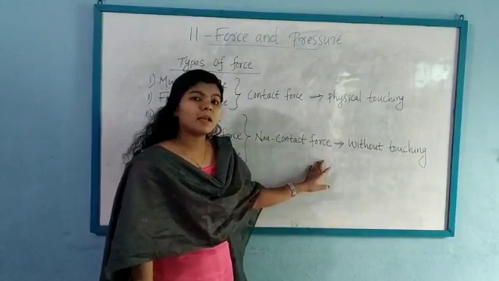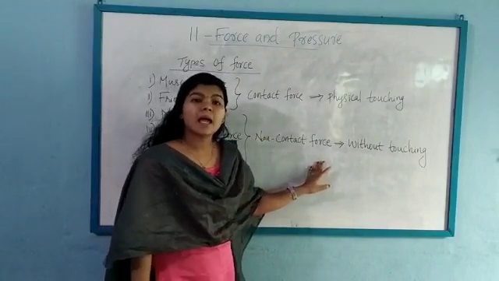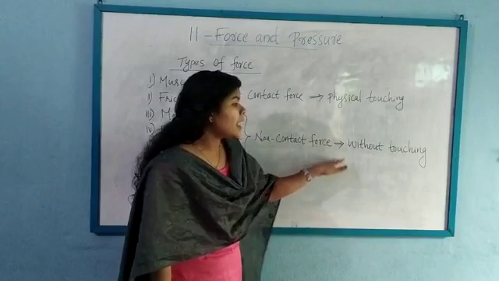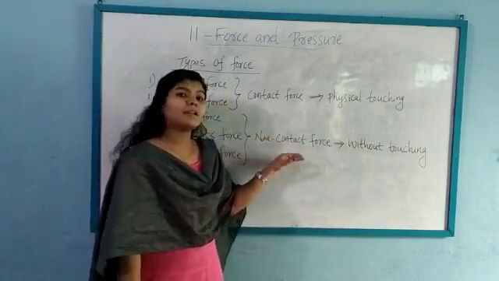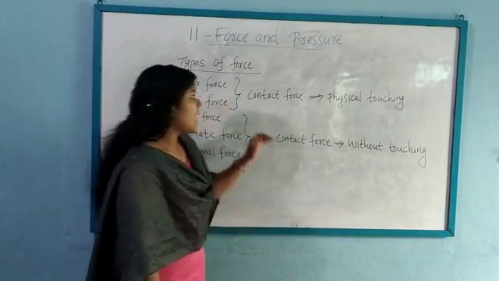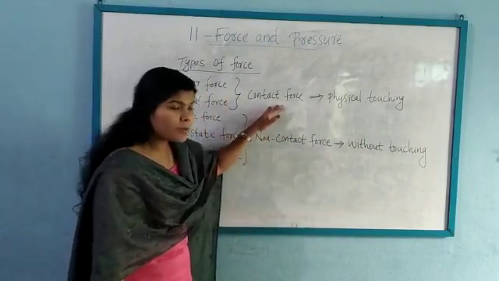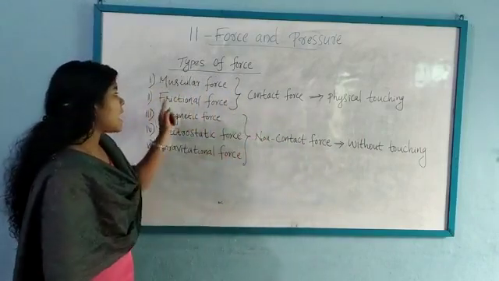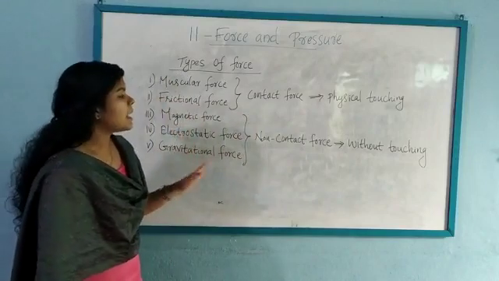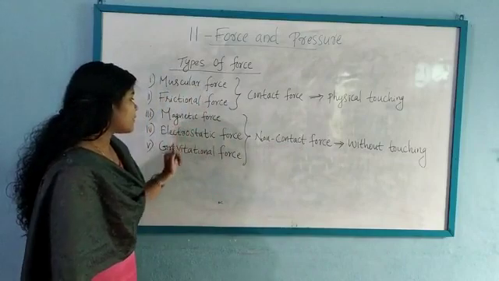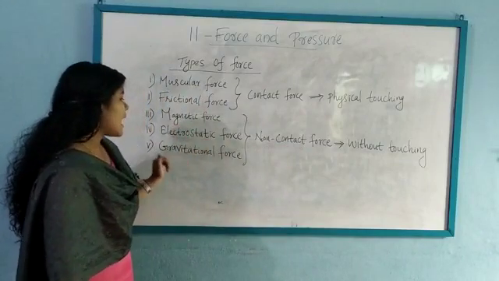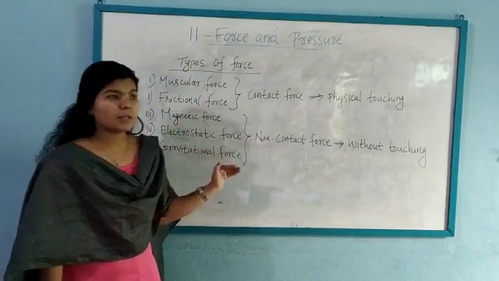Non-contact force means a force exerted by a body on another body without any touching is known as non-contact force. Okay, and the examples of contact force are muscular force and frictional force. And the examples for non-contact force are magnetic force, electrostatic force and gravitational force.